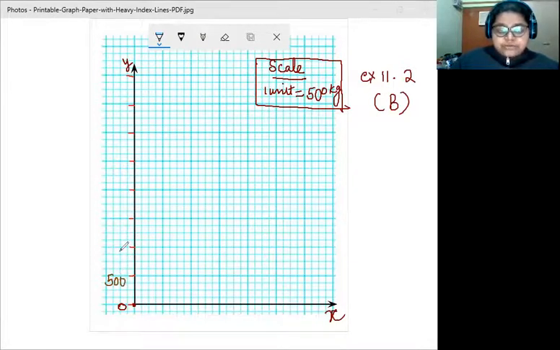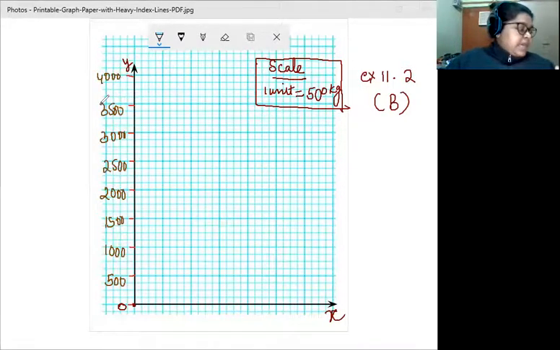The next unit is again 500, so you add 500 to the previous unit. 500 plus 500, 1000. Next is 1500, 2000, 2500, 3000, 3500, 4000. You have to see till which number it has and do one more extra to it.